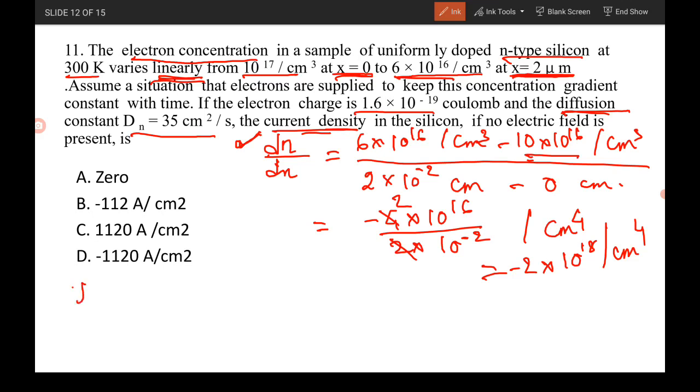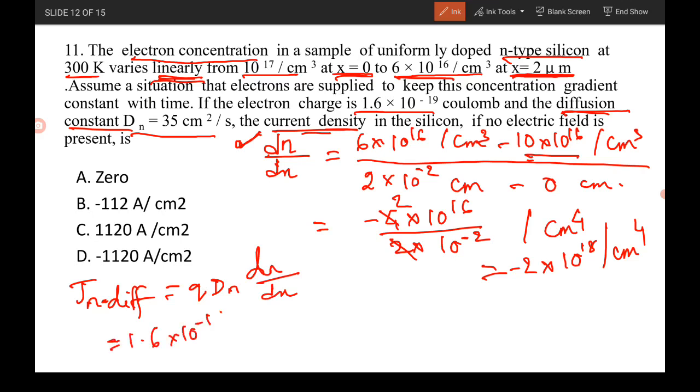So here your diffusion current is due to the electrons because the semiconductor used is n-type. So J diffusion formula is Q times the diffusion constant Dn times our value dn by dx. We can substitute here 1.6 into 10 to the power minus 19 coulombs.